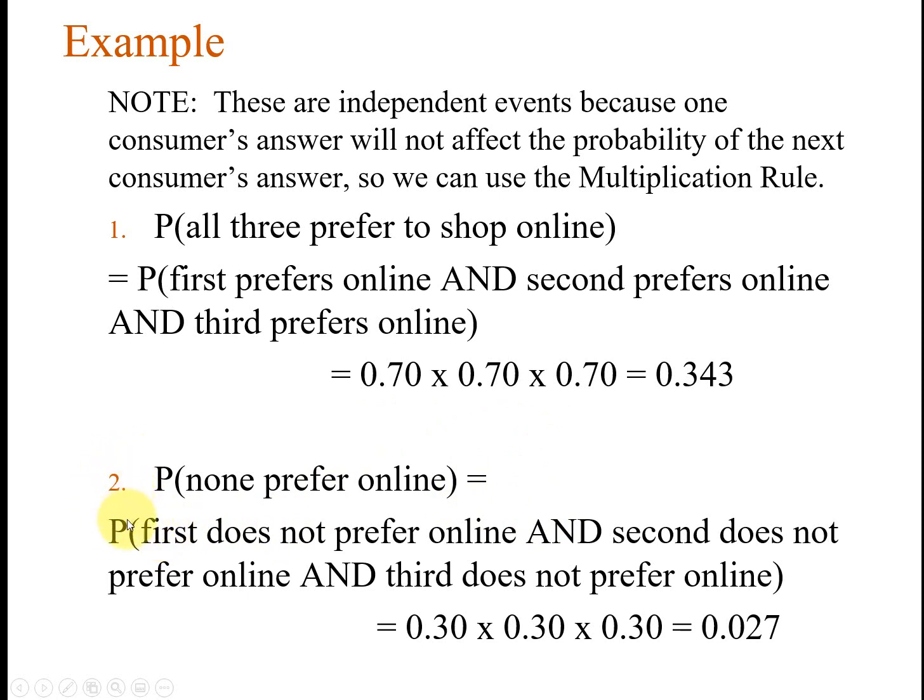So that's the same thing, where the first does not prefer to shop online, and the second does not prefer to shop online, and the third does not prefer to shop online. That's just a multiplication of 0.3 for this probability, 0.3 for this probability, and 0.3 again for this third part, and that is equal to 0.027.